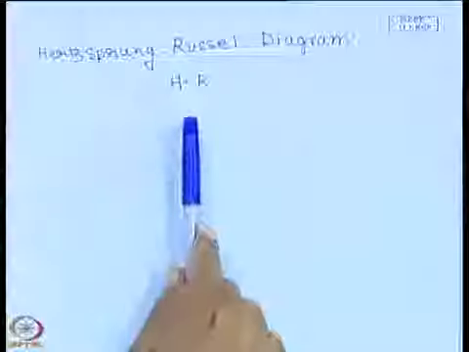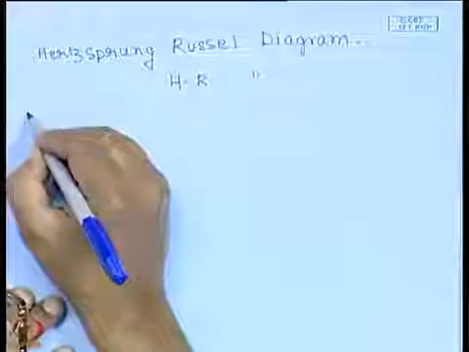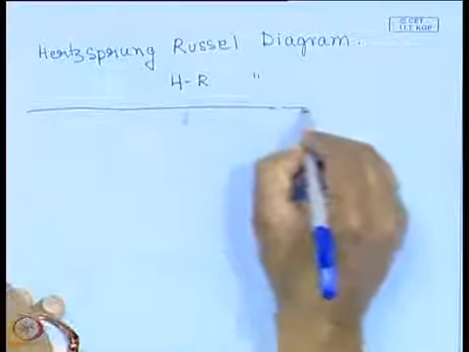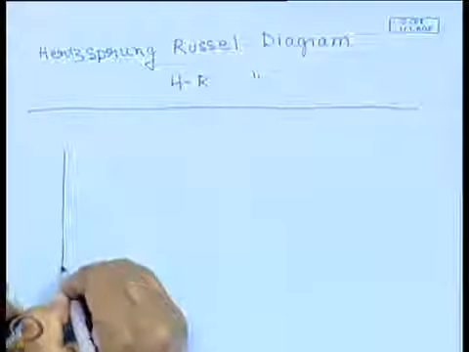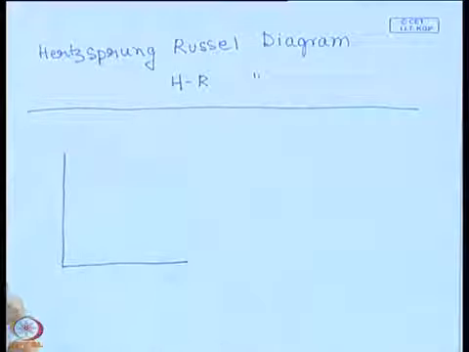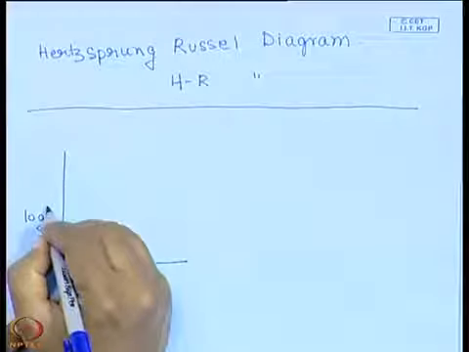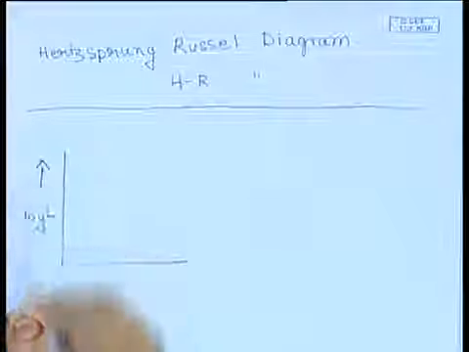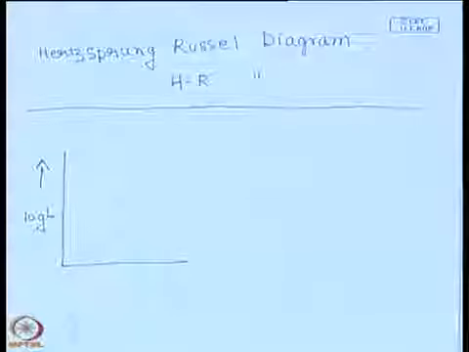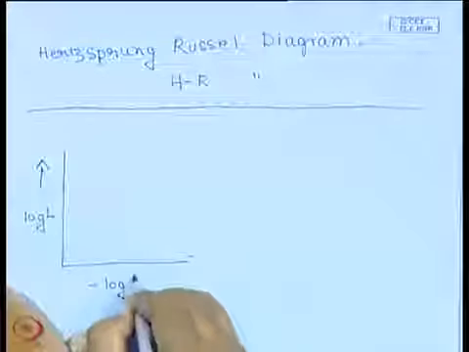In this HR diagram, what is plotted in principle is as follows. You plot log of the luminosity, increasing this way, versus minus log temperature.